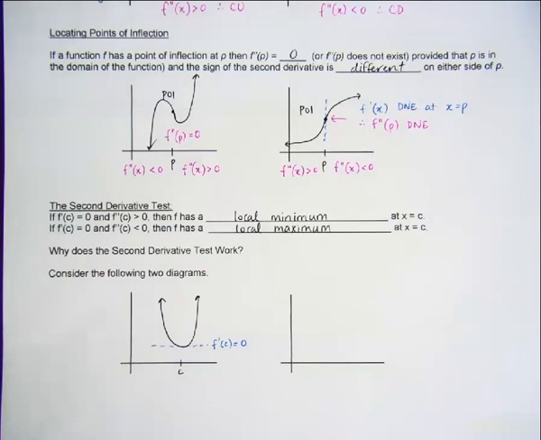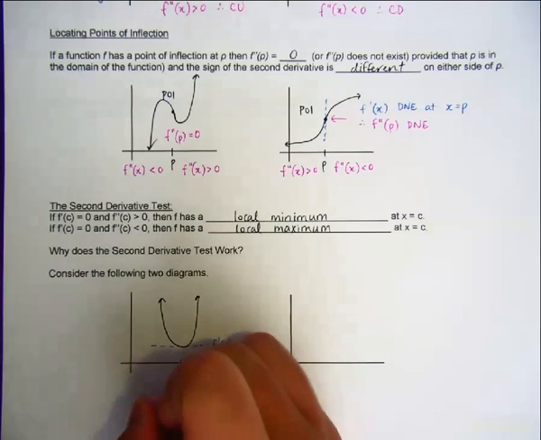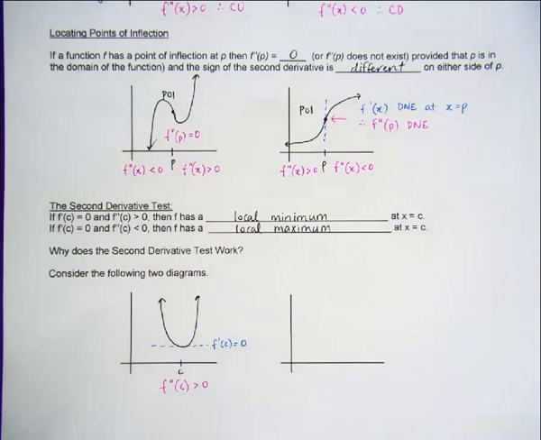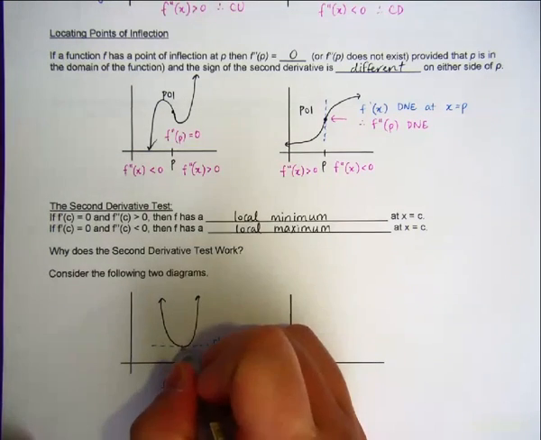But we can see that the entire function is concave up on its domain. So that means that f prime prime of c will be positive. Okay? So when these two conditions are met at the same point, that means we have a local minimum at x equals c.